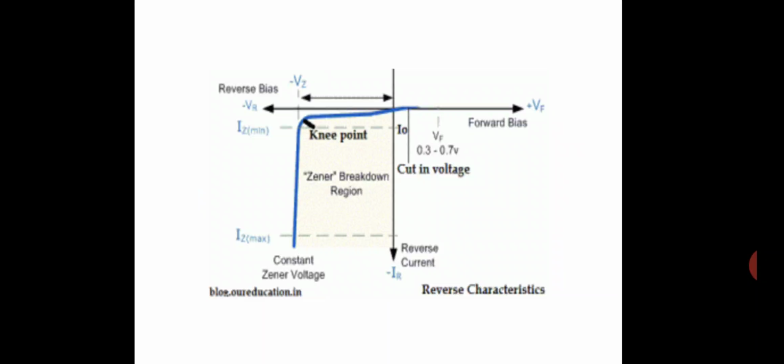The fact that the voltage across the diode in the breakdown region is almost constant turns out to be an important characteristic of the Zener diode, as it can be used in the simplest type of voltage regulator applications.